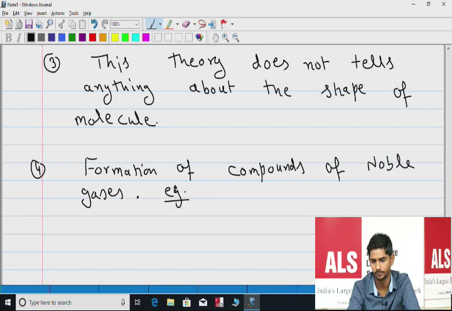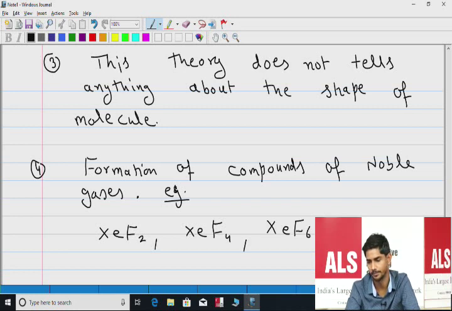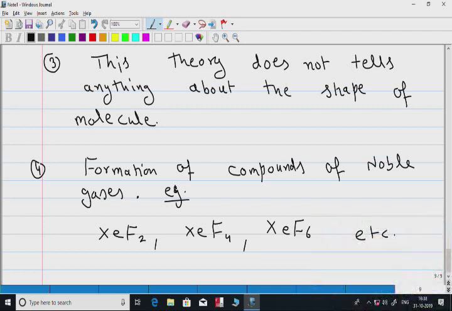For example, XeF2, XeF4, XeF6, etc. Guys, ideally, noble gases themselves have 8 electrons in their valence shell, so accordingly the compounds of noble gases shouldn't exist in nature. But here, as you can see, noble gases can form compounds as well. That's why this is one of its drawbacks. Copy this one.